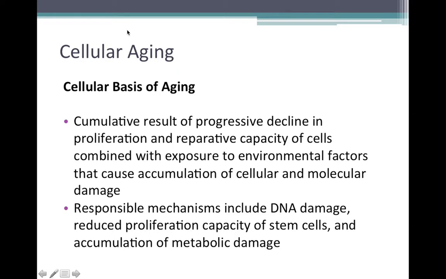Now, in terms of aging of cells, typically what we see is a progressive decline in the ability of your cells to proliferate and thrive. Basically, as your cells start to age, certain processes break down. Your cells don't divide as rapidly, and they're not able to accommodate for different changes in environmental factors. And you're going to see a lot of accumulation of things like cellular and molecular debris and damage.